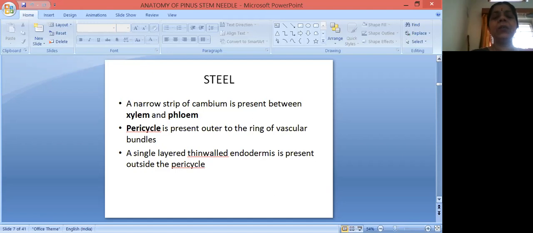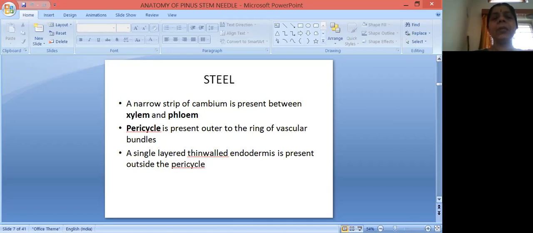The endodermis belongs to the cortex and separates the cortex from the stele. The presence of endodermis and pericycle is very prominent and distinguished in the young Pinus stem. These undergo secondary division due to the presence of cambium in between xylem and phloem.